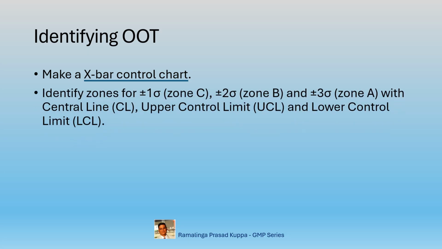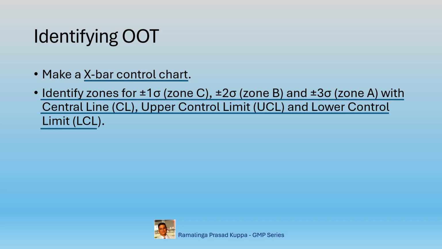Identify zones for plus or minus 1 sigma, that is zone C, plus or minus 2 sigma, that is zone B, and plus or minus 3 sigma, that is zone A, with central line CL, upper control limit UCL, and lower control limit LCL.